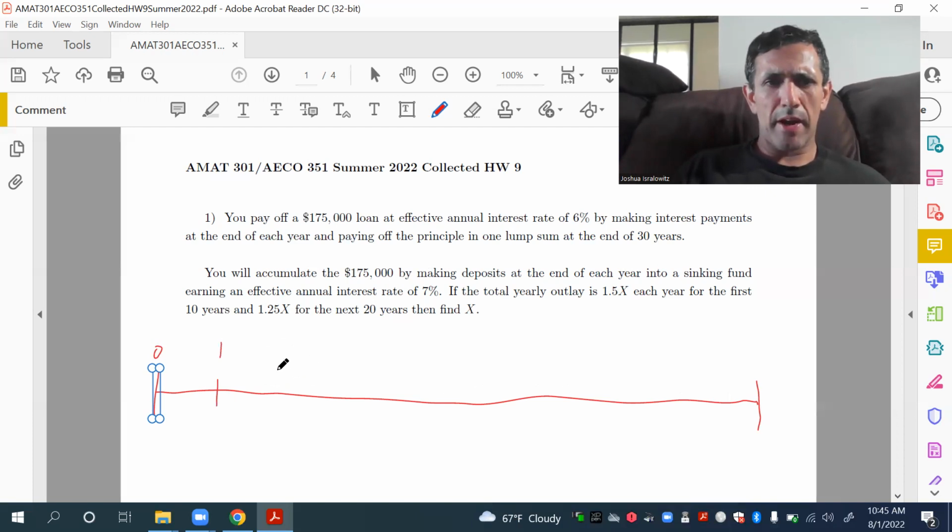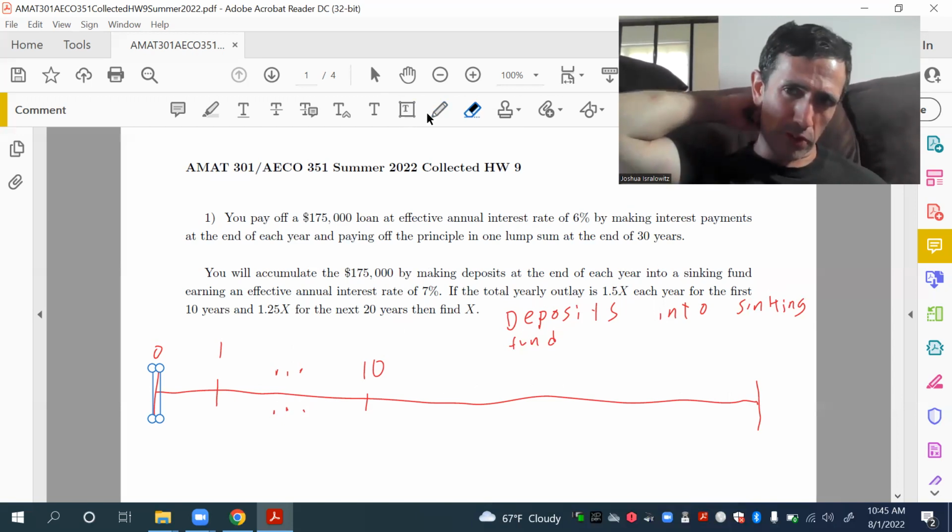So the time diagram I'm going to draw here is going to be deposits into my sinking fund. So let's mark that. Deposits into sinking fund.